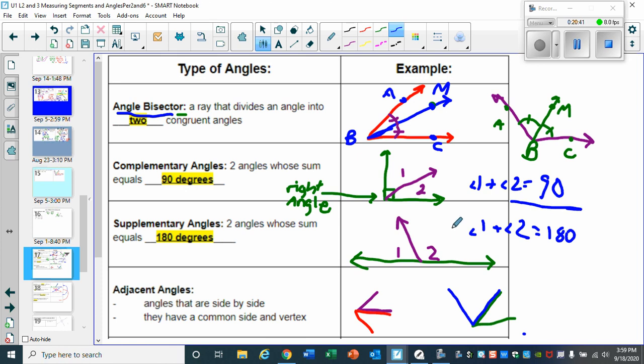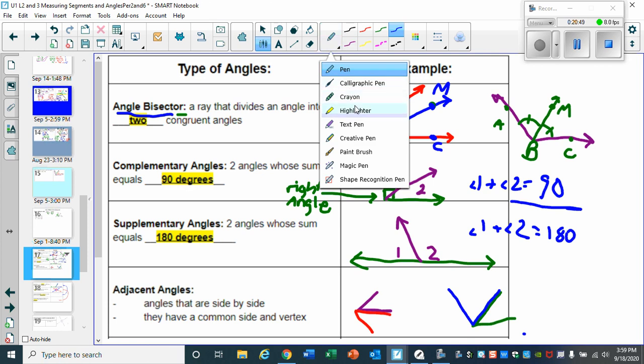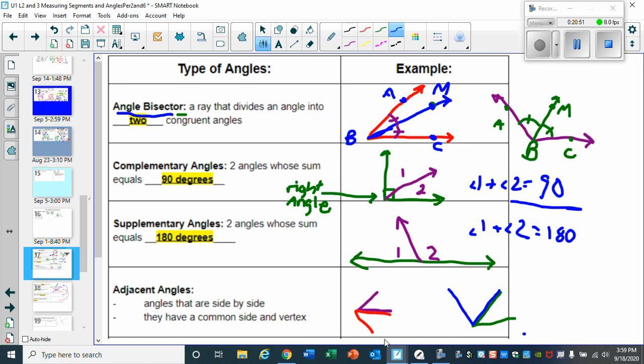Adjacent angles are the angles that are side by side. They have a common vertex. So for this example, notice how you have your angle, the purple one, and it shares a side with the red.